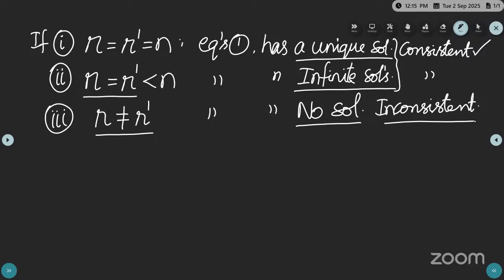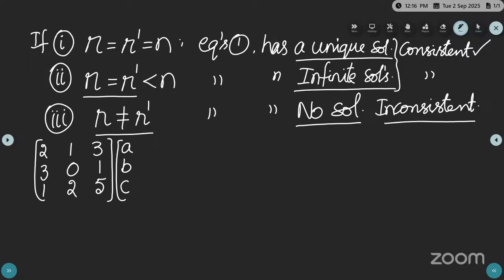Write this: the system of linear equations with coefficient matrix rows 2 1 3, 3 0 1, 1 2 5, times the vector A B C, equals 5, minus 4, 14. Has option A, unique solution.